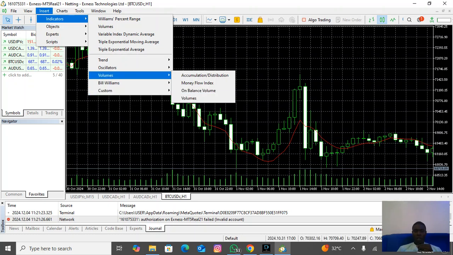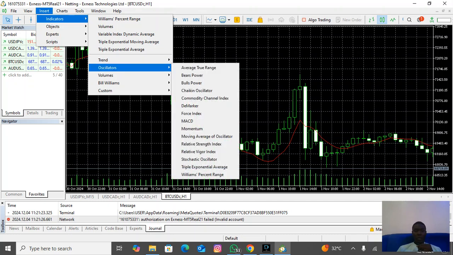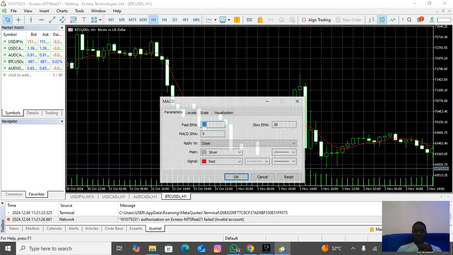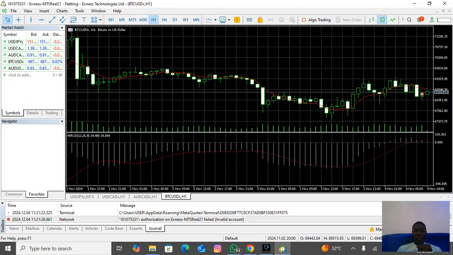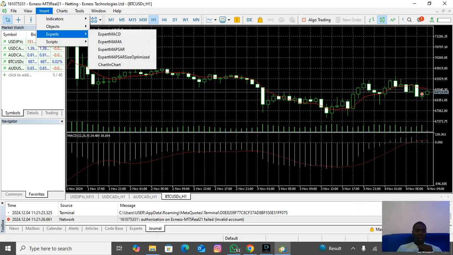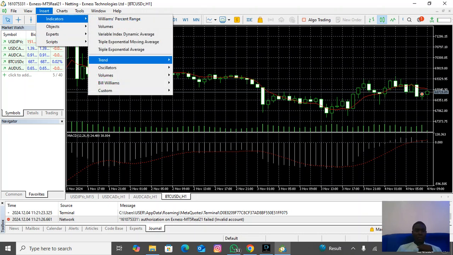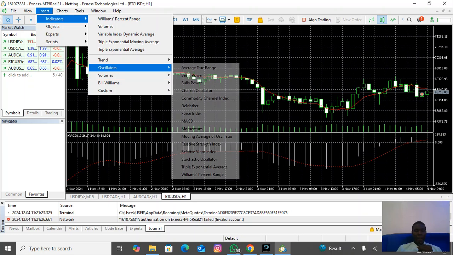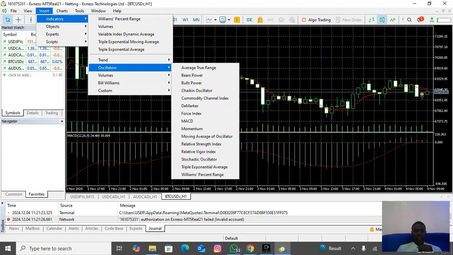There's the volume indicator, which is this one at the bottom. Now I'm going to be adding the MACD. As you can see, this is it, now below the first indicator. Let me quickly add the RSI so I can explain everything at the same time.